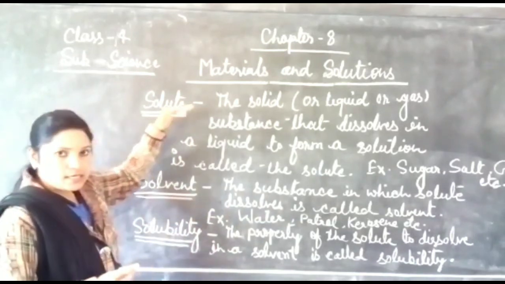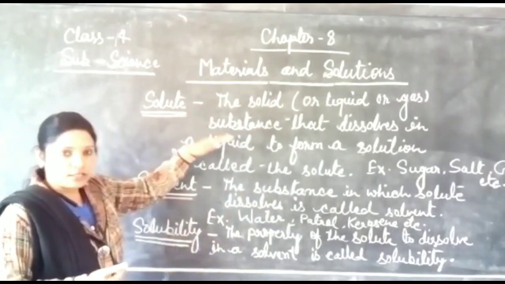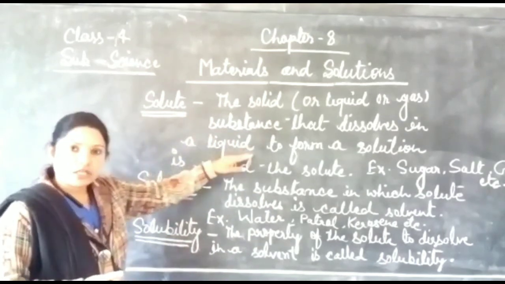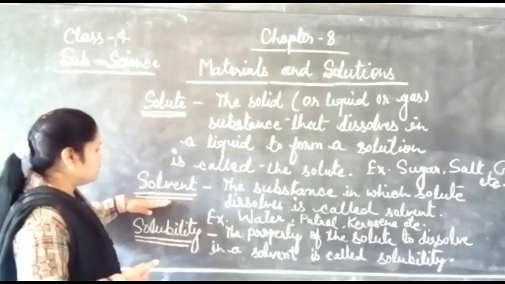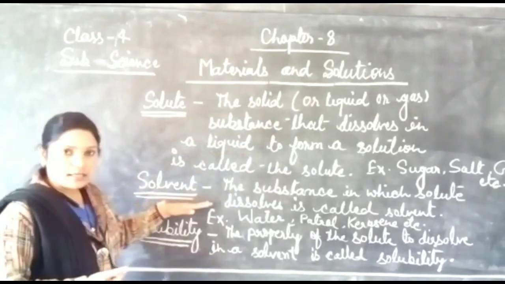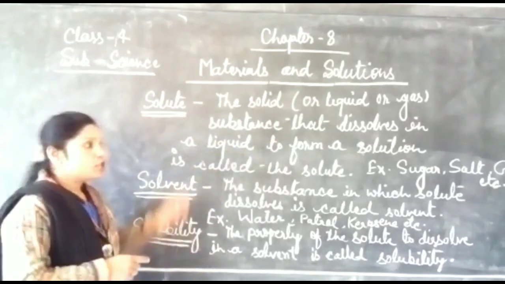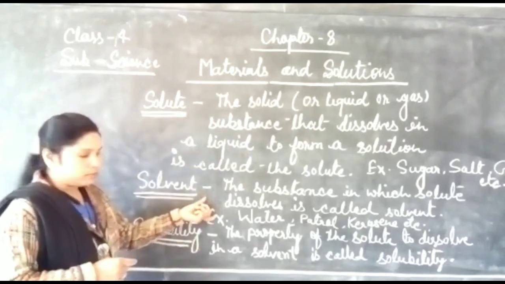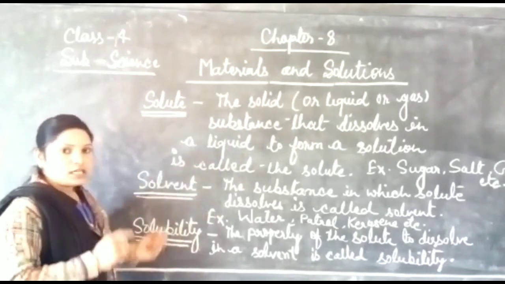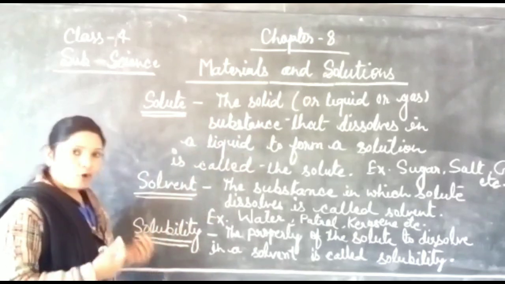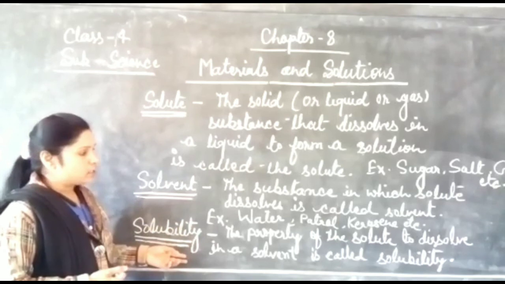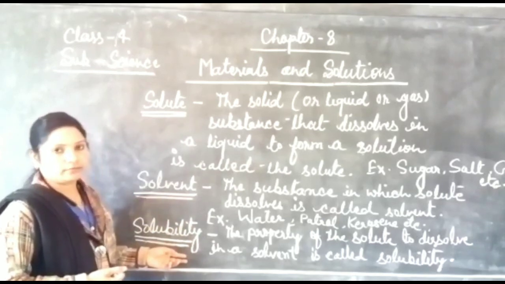Solutes are the substances that dissolve in a solvent to form a solution. Similarly, solvents are the substances in which solute dissolves to form a solution, and solubility is the ability or property of a solute to dissolve in a solvent.